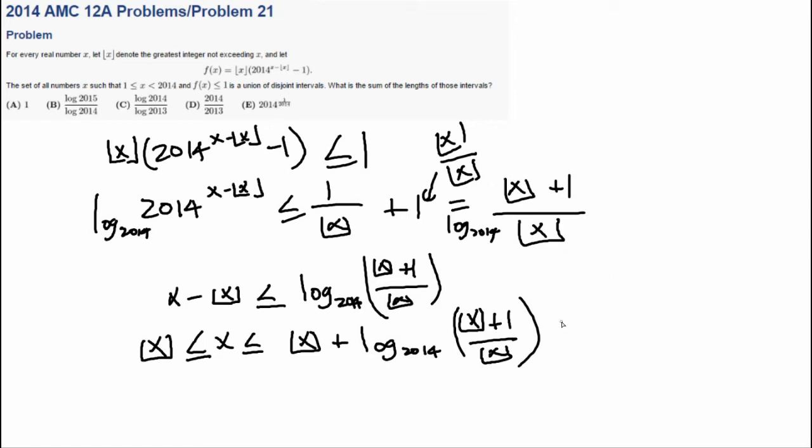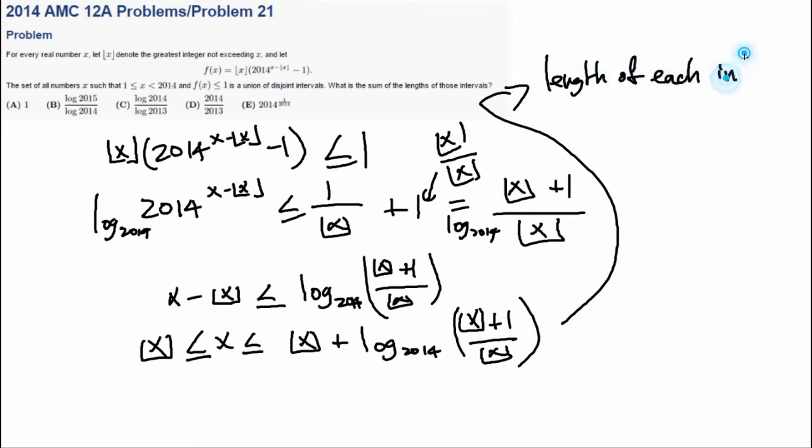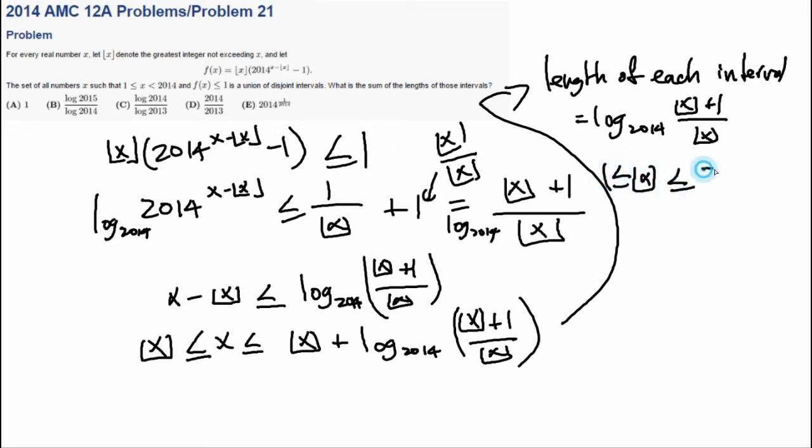So the length of each interval is equal to log base 2014 of floor of x plus 1 over floor of x. And what can the floor of x be? Well, x is less than 2014, so the floor of x can be all integers from 1 to 2013.